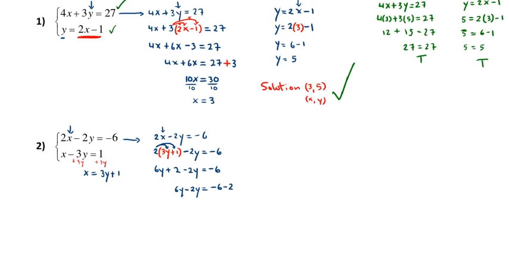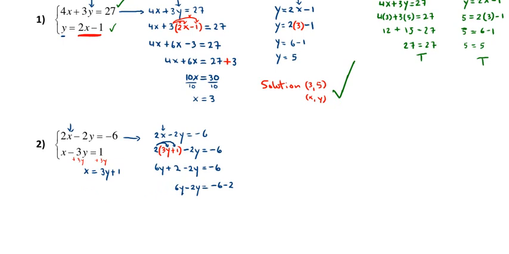How much do we have left on the left side? 6y minus 2y is, yes, 4y. And on the right side, -6 minus 2 is -8.